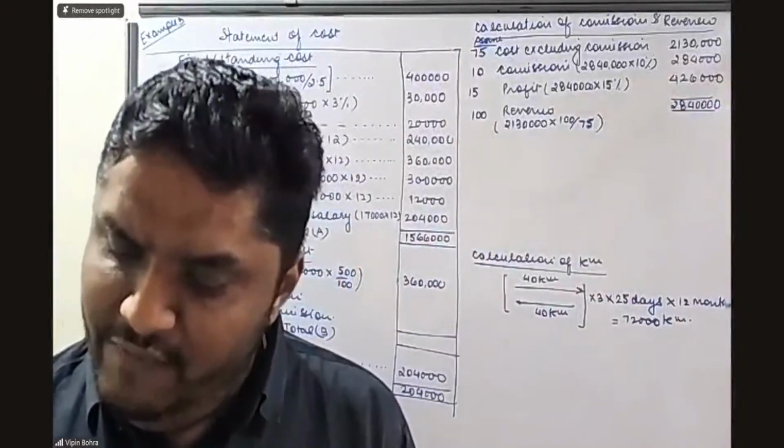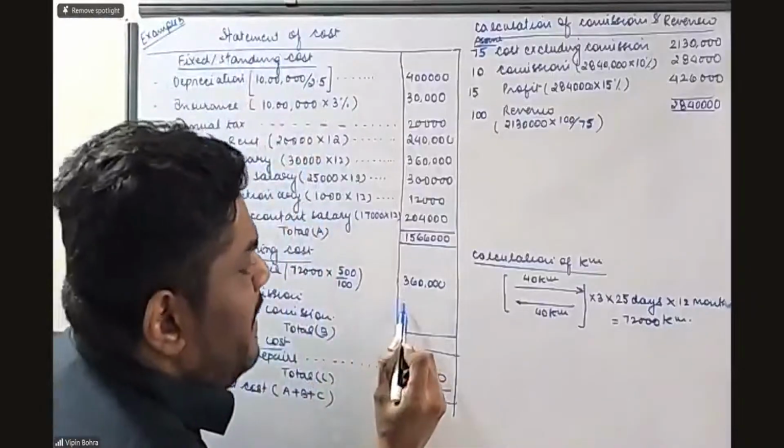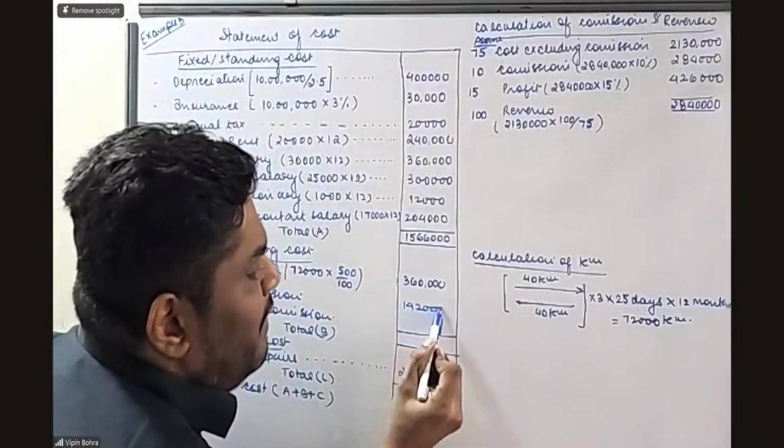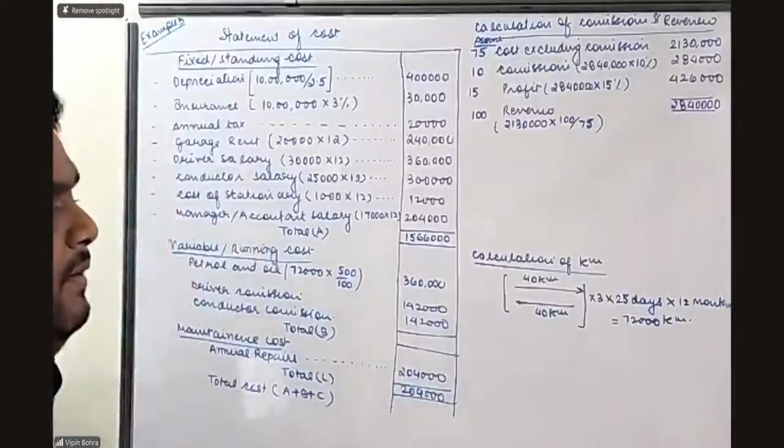So 2,84,000 divided by 2, that is 1,42,000 will be my commission for the driver and 1,42,000 for the conductor.